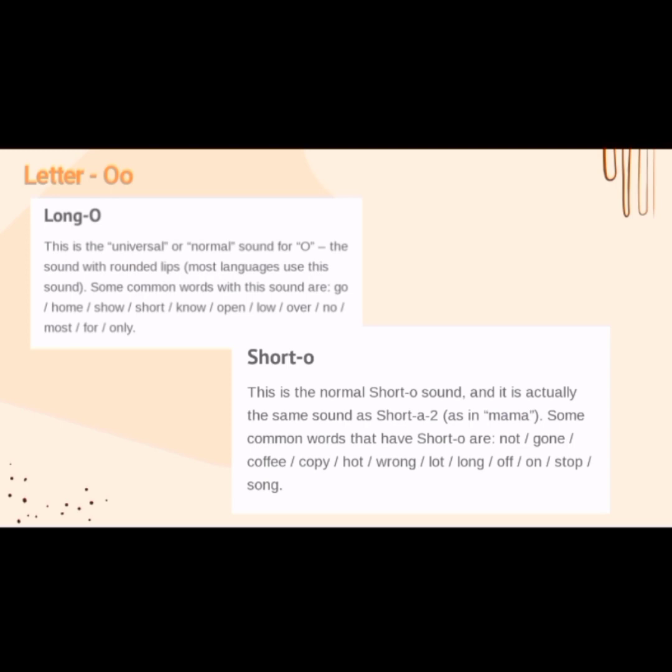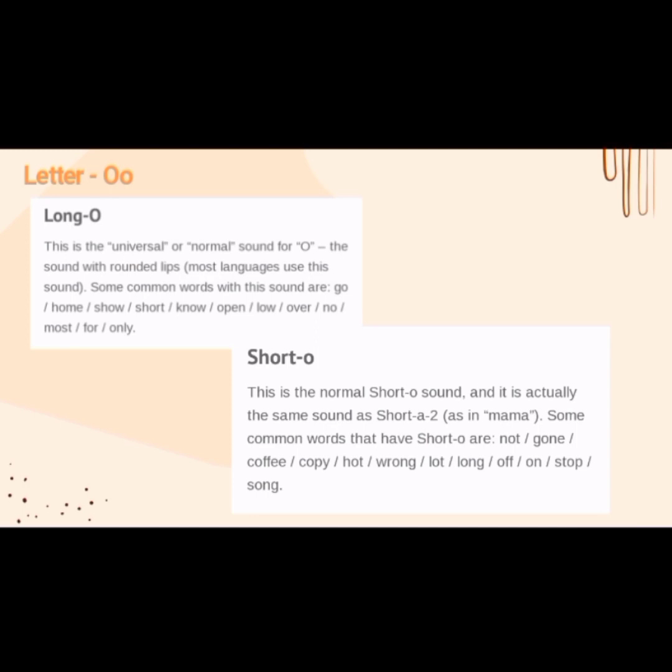There is a universal or normal sound for O, the sound with rounded lips. Some common words with this sound are go, home, show, short, no, open, low, over, most, for, and only.